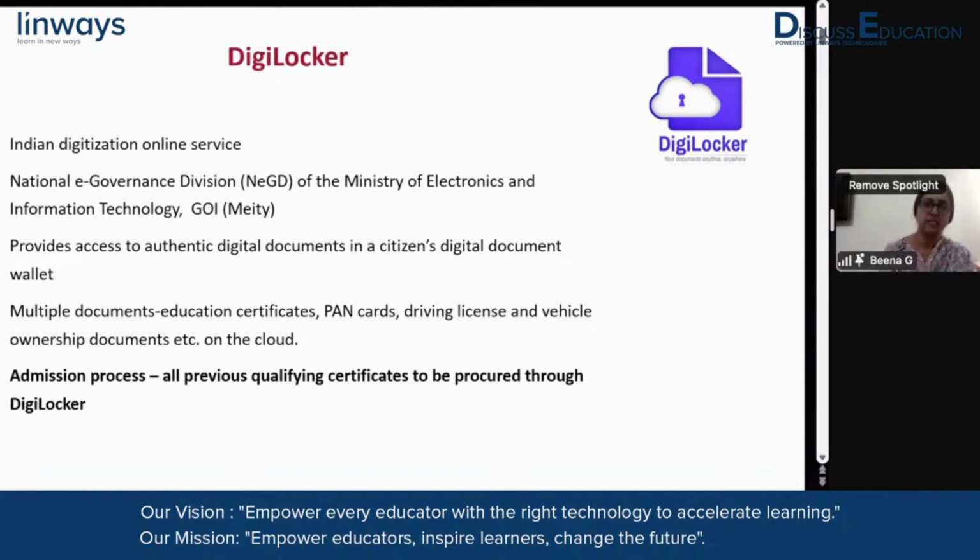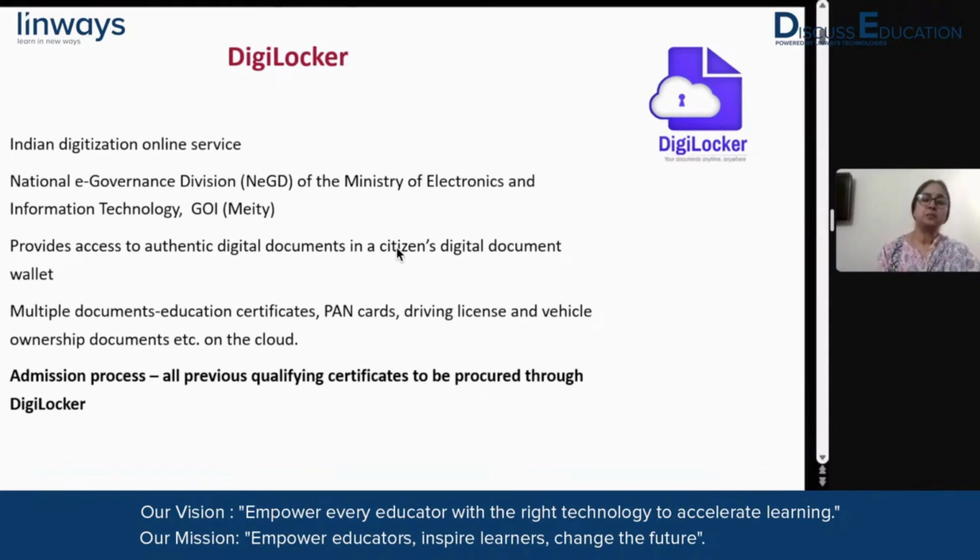Now, DigiLocker, we all understand. But since there is a continuity with DigiLocker and ABC, I will be taking you through this. This is an online service provider, which is an initiative of the National E-Governance Division and the Ministry of Electronics and Information Technology.